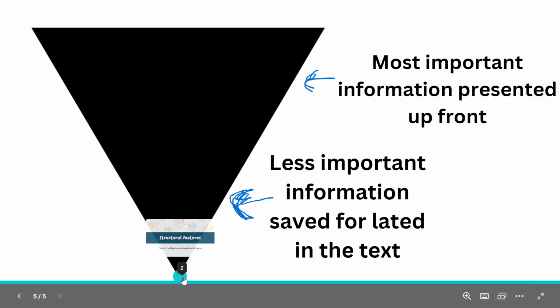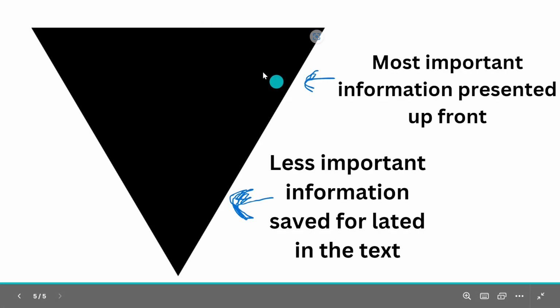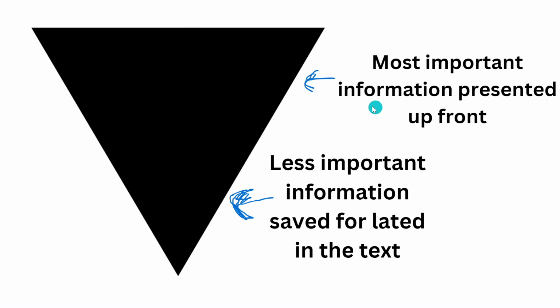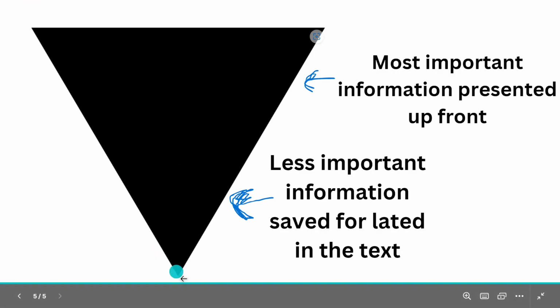This is the finish. Alright, and most important information is presented up front. The most urgent and serious information, you put it at the top. And then the less important information, you keep for later in the text.